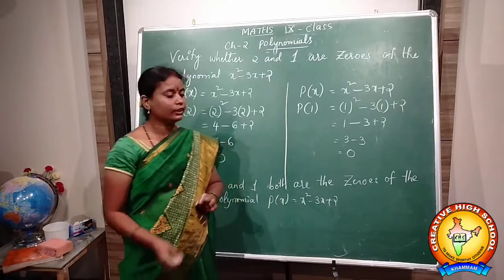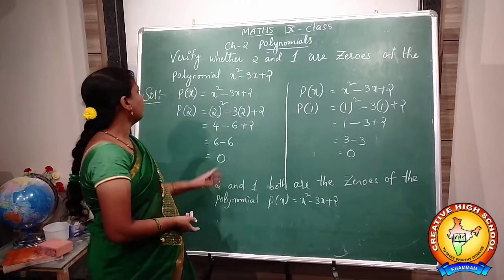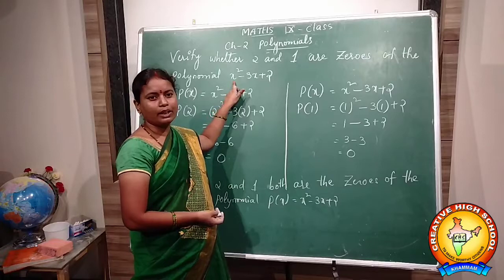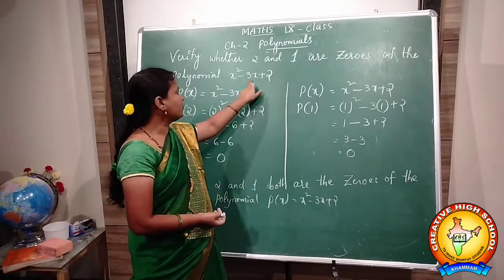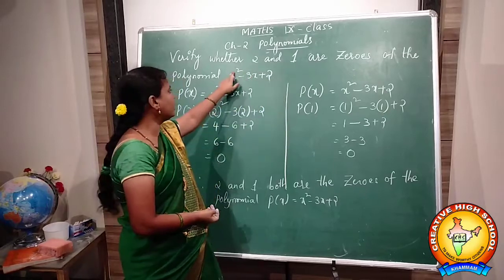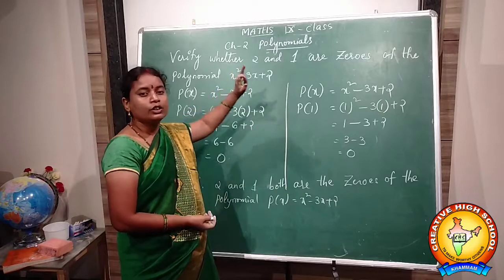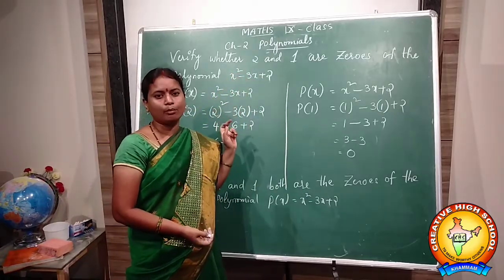Here, why did we get two answers as the zeros of the polynomial? Because if you observe this polynomial, it is a quadratic polynomial because the degree of this polynomial is 2. x square minus 3x plus 2. What is the degree of this polynomial? Yes, 2 is the degree. So when the degree is 2, we call it a quadratic polynomial.